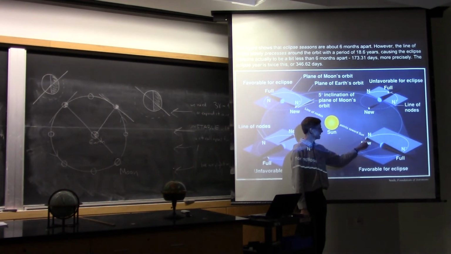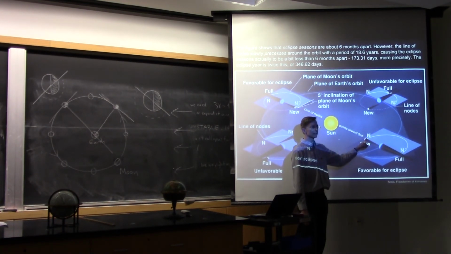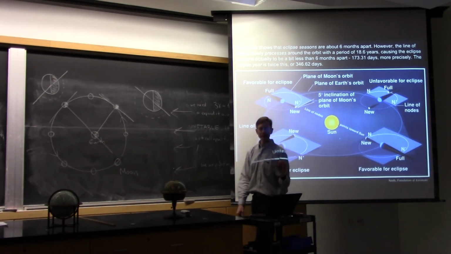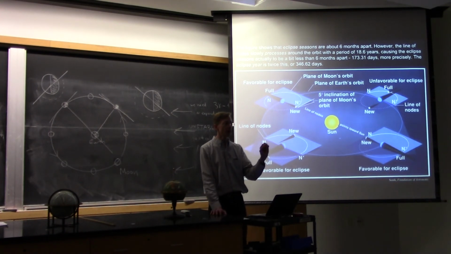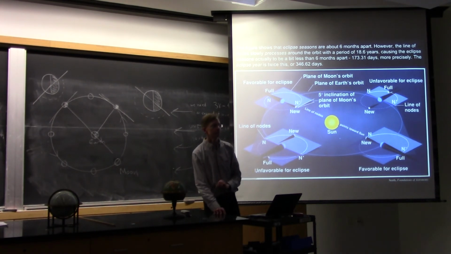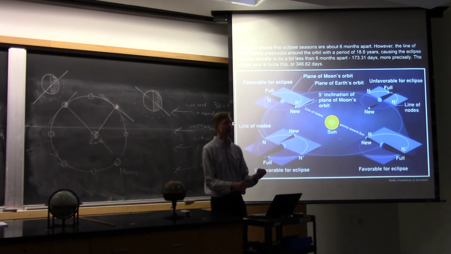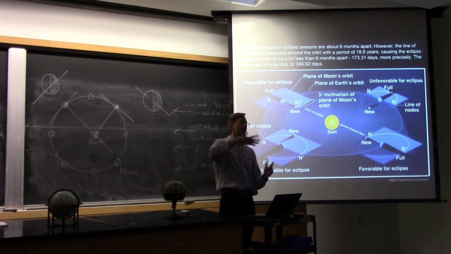The moon has to be in the plane of Earth's orbit if it's to have a chance at blocking us with its shadow or being blocked by our shadow. So for an eclipse to happen, the moon on the celestial sphere needs to be on the ecliptic. That's why it's called the ecliptic, because it's where the moon needs to be if there's going to be an eclipse. If the moon is not on the ecliptic, its shadow would pass above or below the Earth.